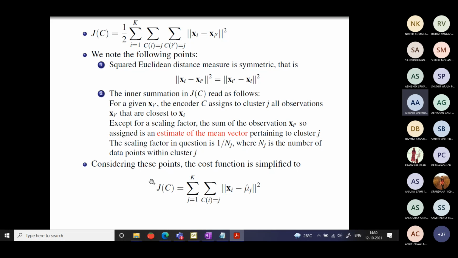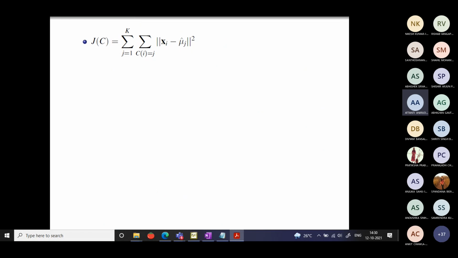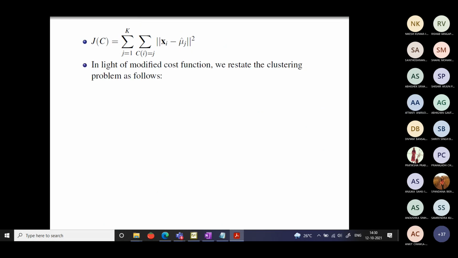So the cost function gets updated to something like this. Here mu j denotes the estimated mean vector associated with cluster j. Remember, it's not one value, it's a vector. In the light of the modified cost function, we restate the clustering problem as follows.